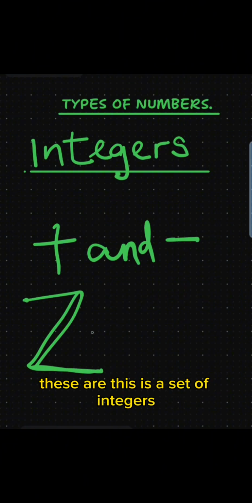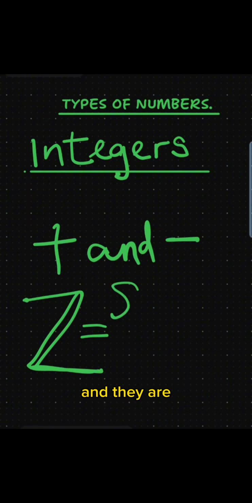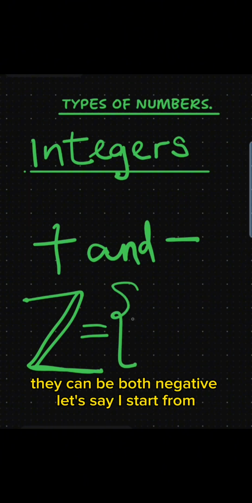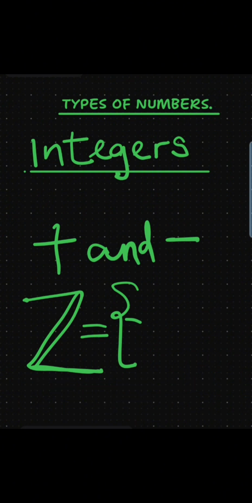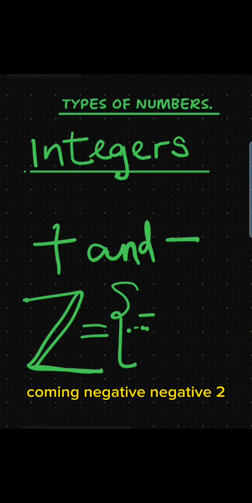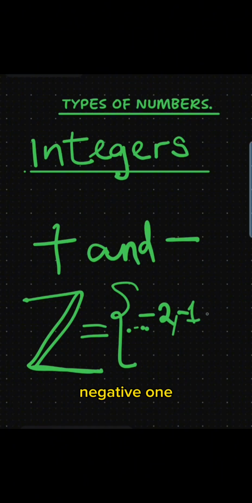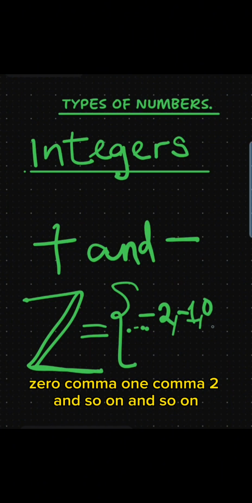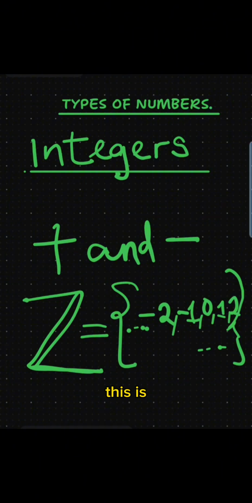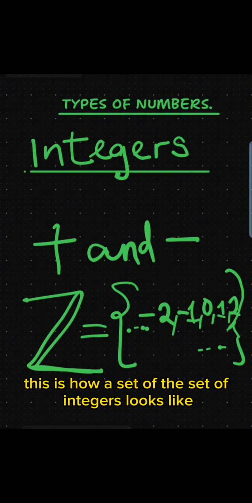So this is a set of integers, and they can be both negative. Let's say I start from negative 2, negative 1, 0, 1, 2, and so on and so on. So this is how the set of integers looks like.